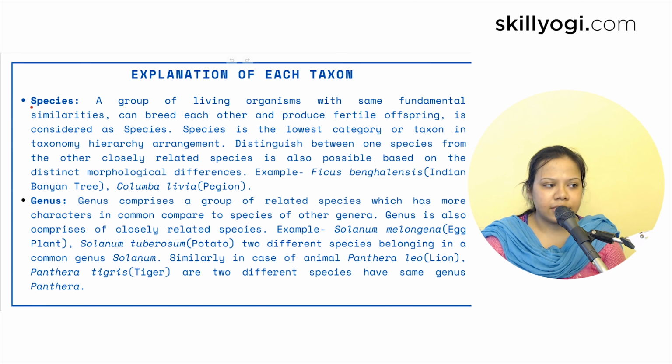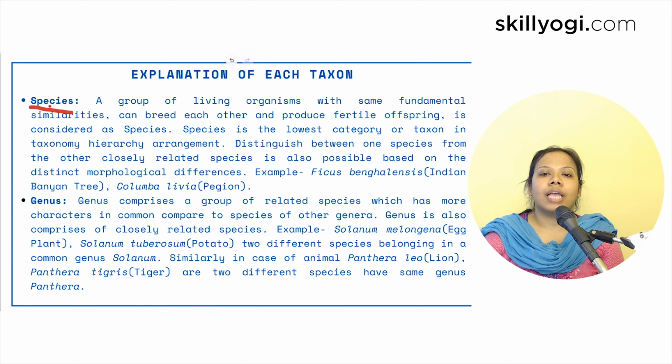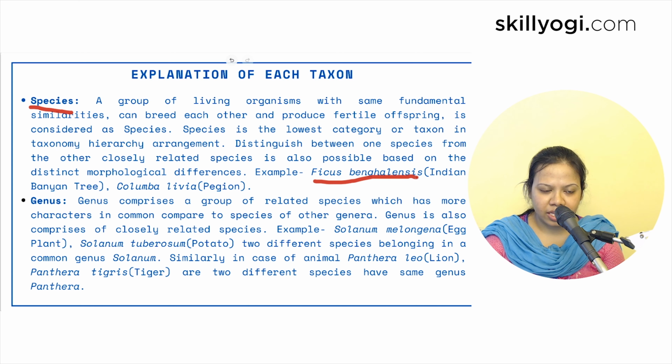First one, species. What is species? I have already discussed that species are the small groups of living things which possess more or less the same characteristics and are capable of exchanging genes. Here, Ficus bengalensis is the scientific name of banyan tree. That's why it is written in italics. It is a species.